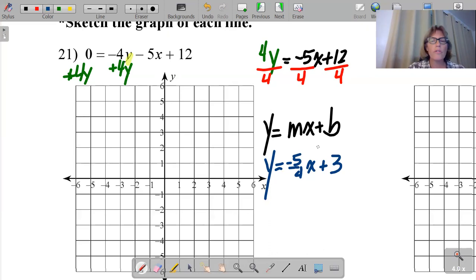When you graph, starting at 3, we know it goes down from left to right. So there's 5 and 3.